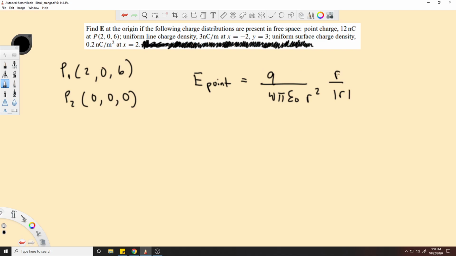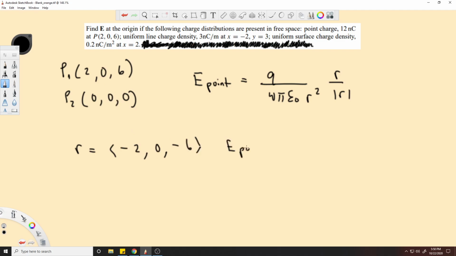So to find our distance, r is basically our distance between our point charge and our point of interest. So you just do P2 minus P1. So r would be 0 minus 2, negative 2, 0 minus 0, 0, 0 minus 6, negative 6.